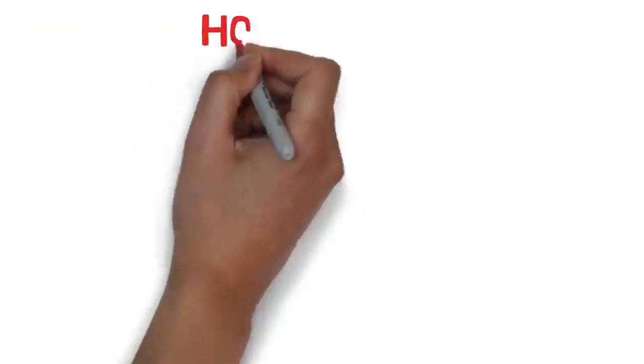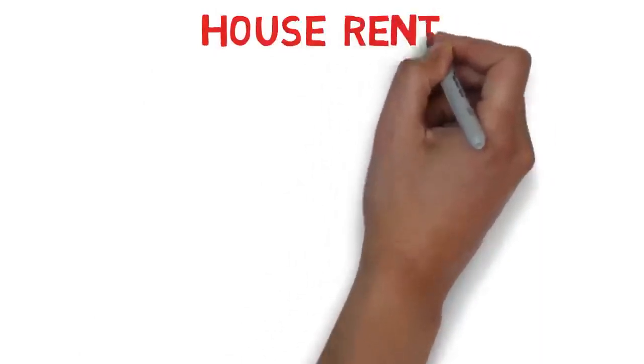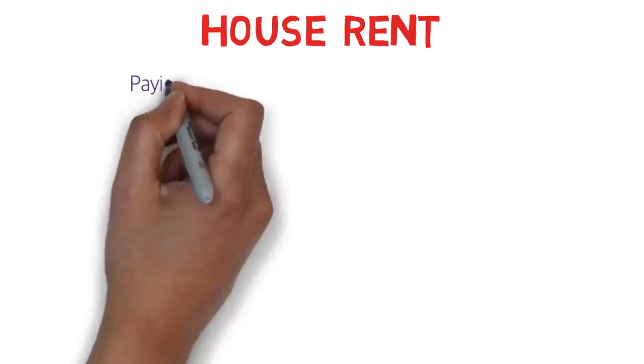Okay, now first of all, accommodation. Just a couple of days back, I uploaded a video where I gave the information about different types of houses in Canada. In this video, I've given the rents for all of those different types of housing options. First of all, you have paying guests.